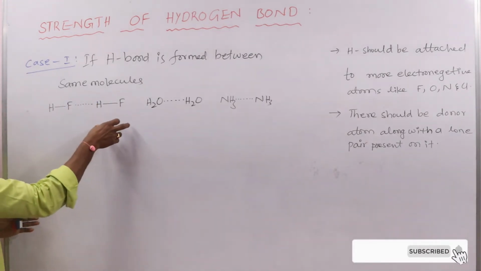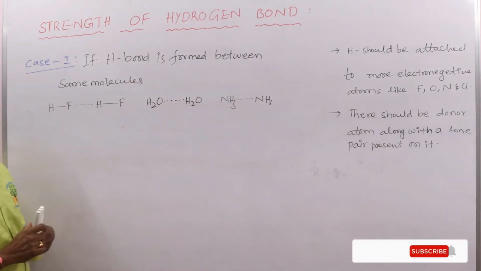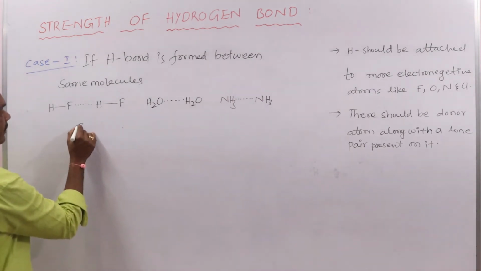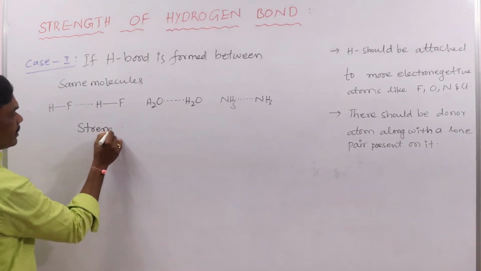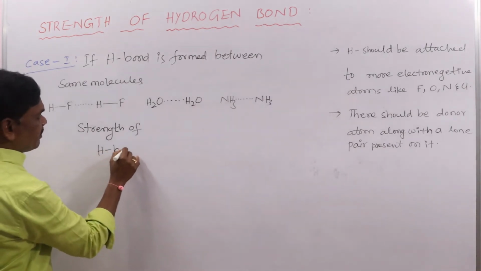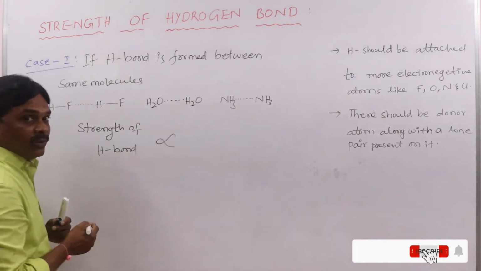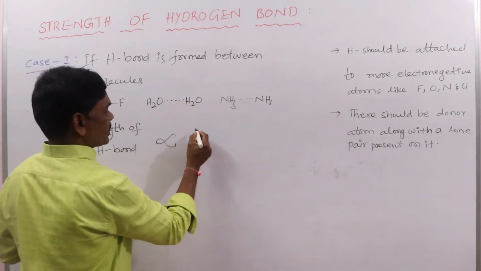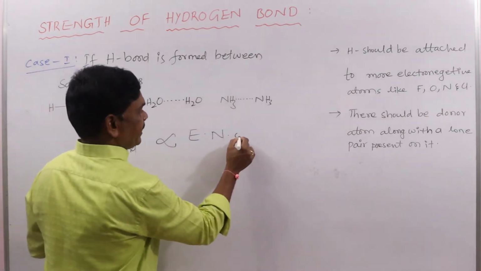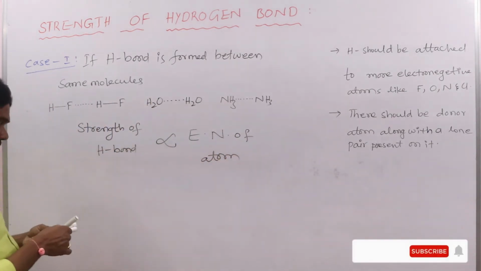The strength of hydrogen bond is directly proportional to the electronegativity of the atom.